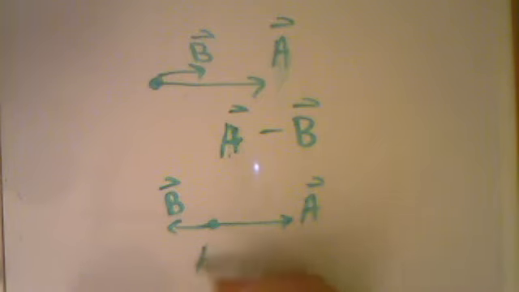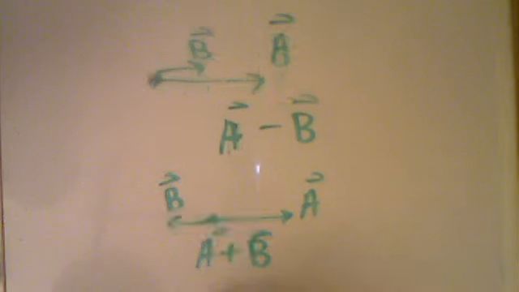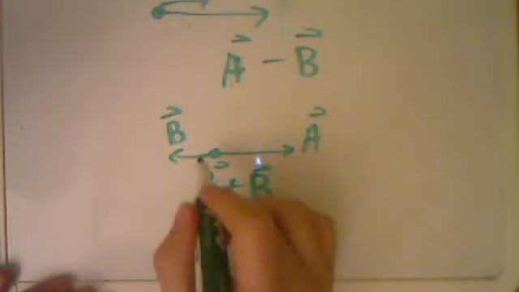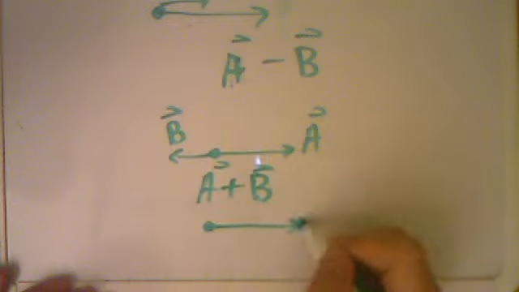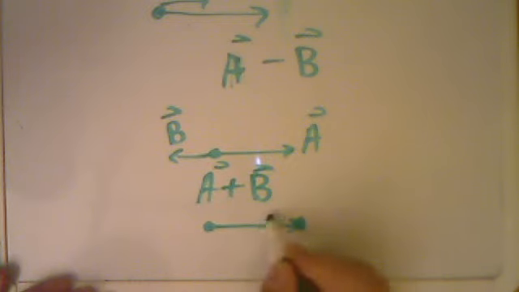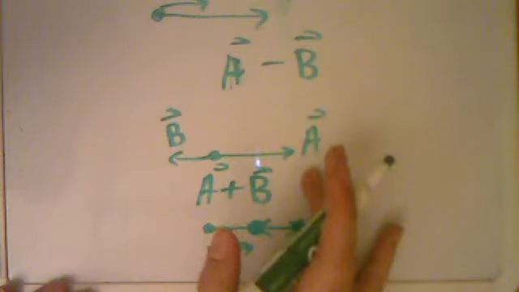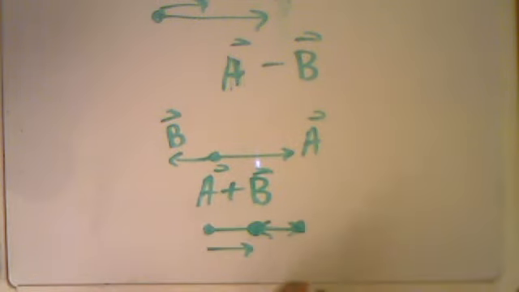Now this is pretty much A plus B. We draw A, and now we draw B: we take the tail of B, put it on top of the head, move it to the left, and draw the final position, and we see that we have a net vector to the right, smaller than A, so the vector shrunk. So these are ways of adding and subtracting vectors to find the direction they point in.